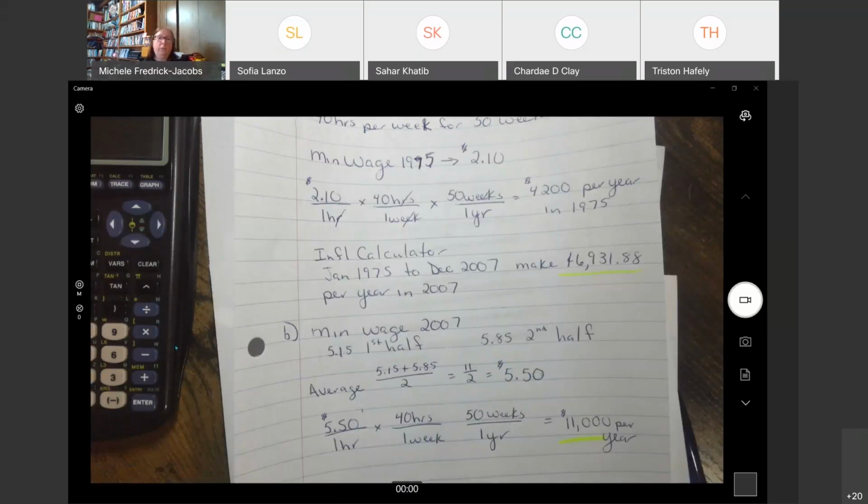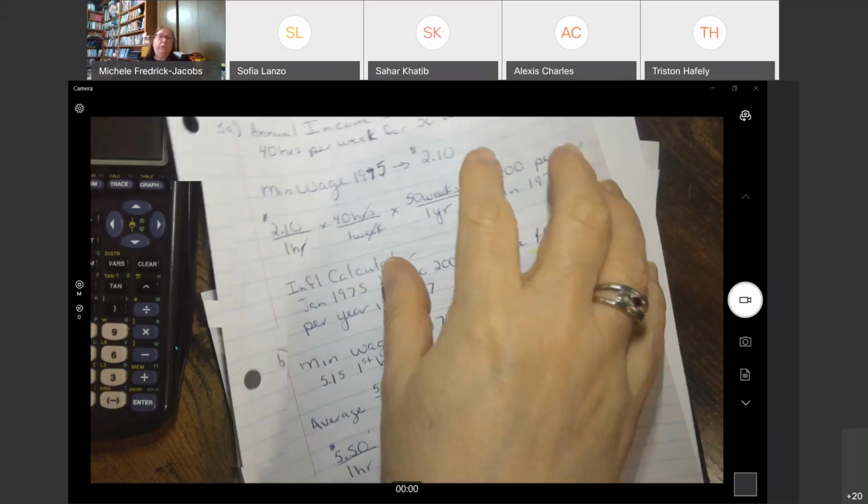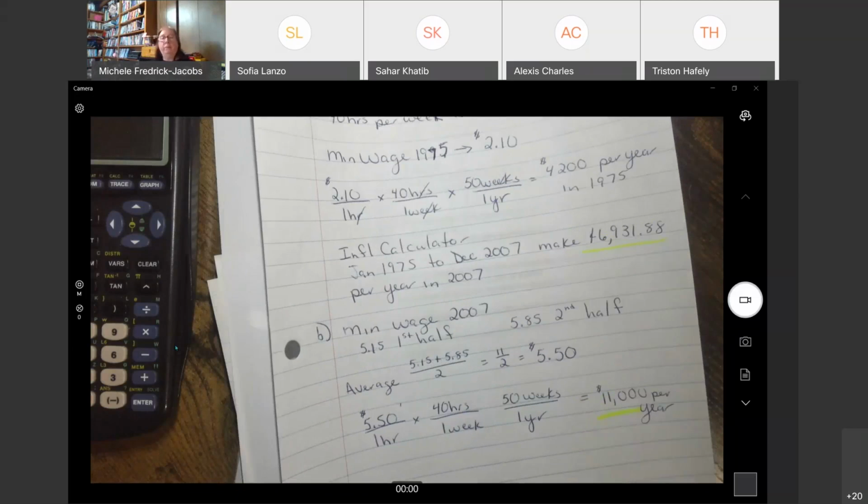So minimum wage in this case was not keeping up with inflation. So minimum wage for 2007 did not keep up with inflation. That's for A. I would put the two together. Just write one paragraph. Show your work for Part A and your work for Part B, and then write one paragraph.